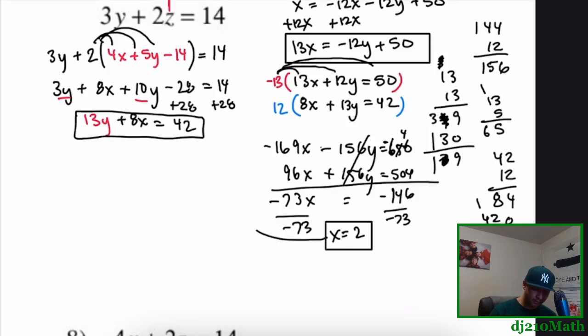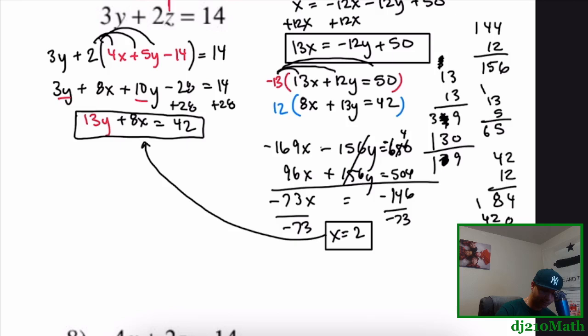So let's put that somewhere. That can go into here to solve for y, or it can go here to solve for y. It truly doesn't matter. Which one's better? Let's do the left one.